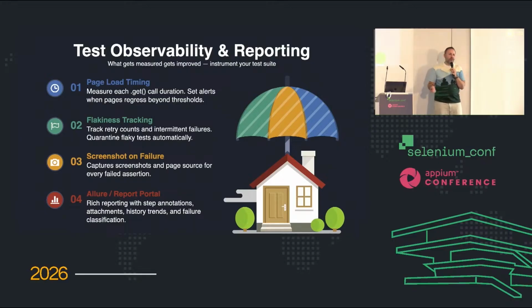And then you have a reporting, Allure, Report Portal, or something that you build in-house using the AI. So just make sure that you have this historical data and you're trying to understand how your test suite is behaving.